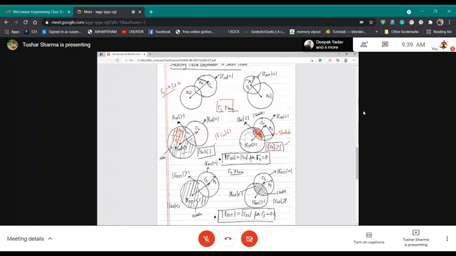In this case, if S11 is less than 1, that's always the case, the maximum case S11 should be less than 1. So you will plot your gamma L circles, the stability circles at the load, and the center will always be stable.